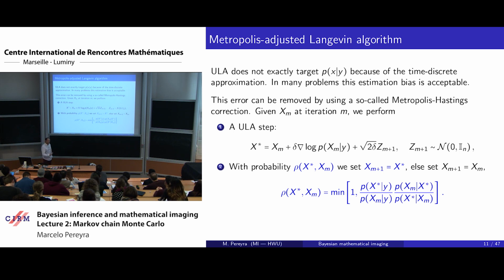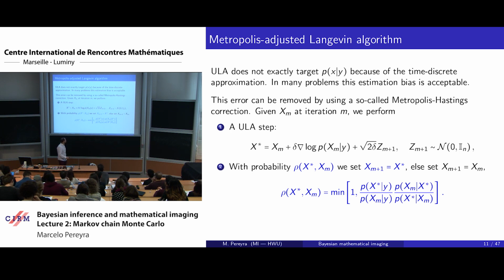So if you don't have theory for your method to show convergence, or if you don't have the exact distribution and you're really worried about this error, this bias, because you're not targeting exactly P of x given y, then you can add this correction and it will automatically fix your error, and asymptotically you will target the exact thing you wanted to target. And I don't want to talk too much about this probability, but it's something we can compute and the algorithm works.